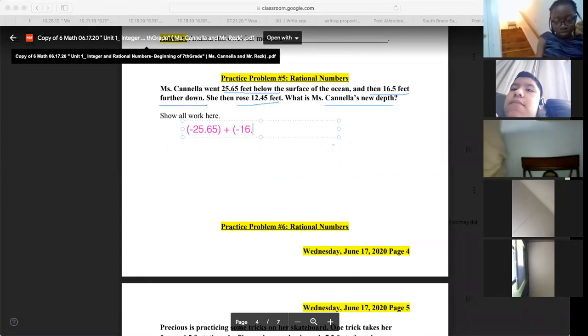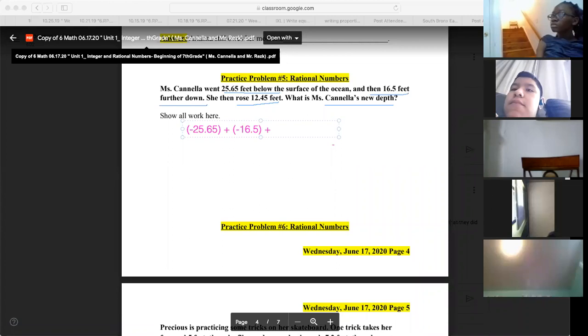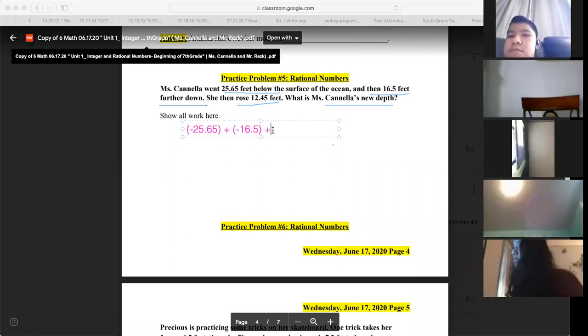Negative 16.5. Then you go up. If you rose, what kind of integer is that? Positive.